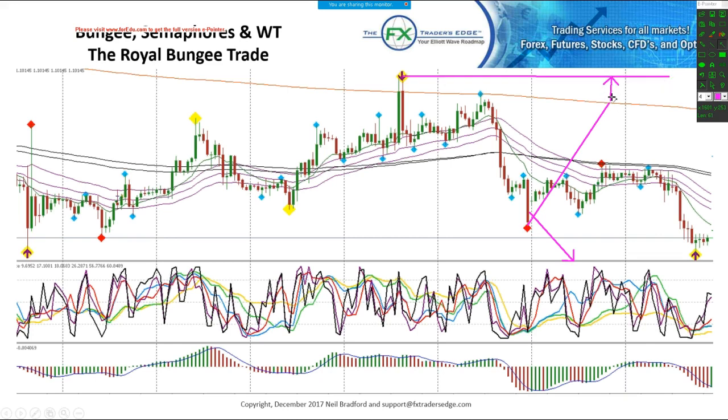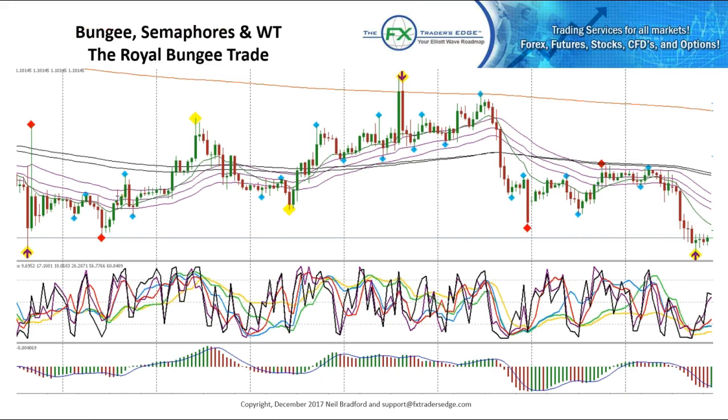Therefore we get a nice big trade size and we've got a long way to go to get our profit. So anywhere up here where you get a short trade on the lower time frames, you can trade it with confidence.